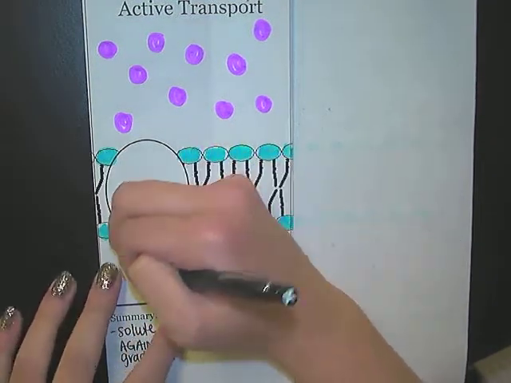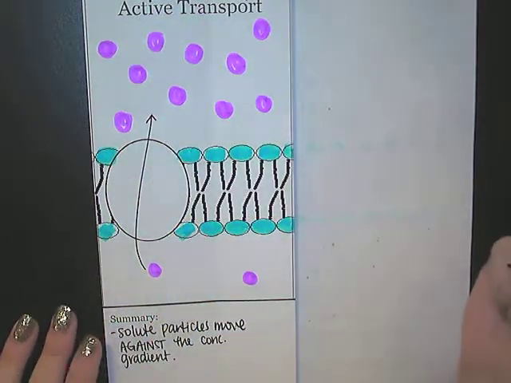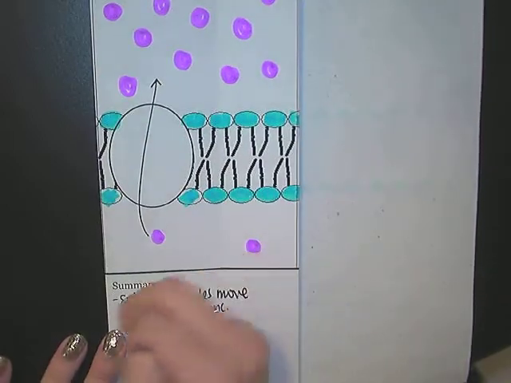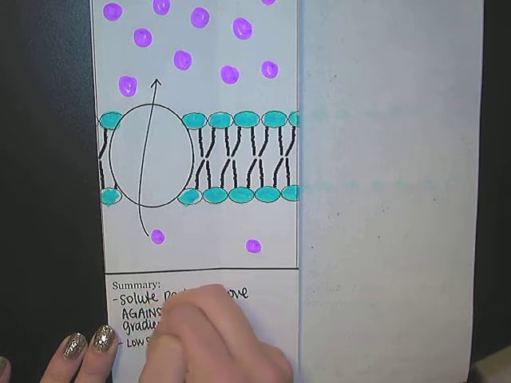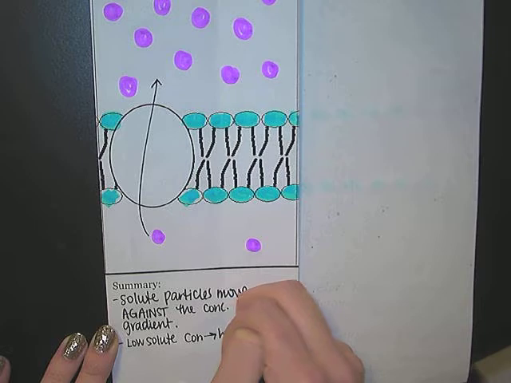These solute particles are going to be pumped across the membrane against their concentration gradient. Okay, so that would be from low solute concentration to a high solute concentration.